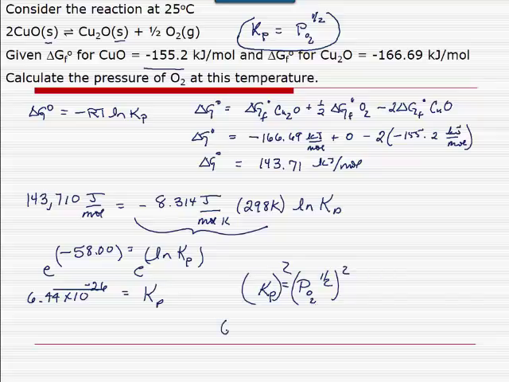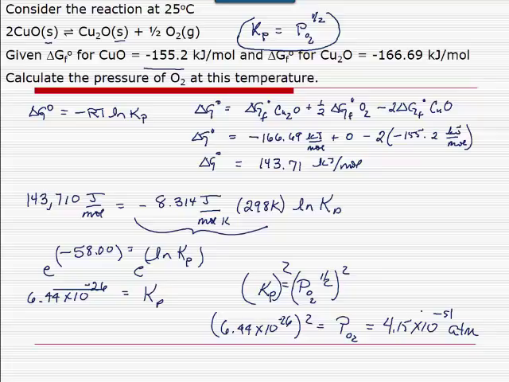So Kp, which is 6.44 times 10 to the minus 26, squared is the pressure of O2. And when you square that number, you get 4.15 times 10 to the negative 51, and that would be in atmospheres. Now that is a very, very low pressure.